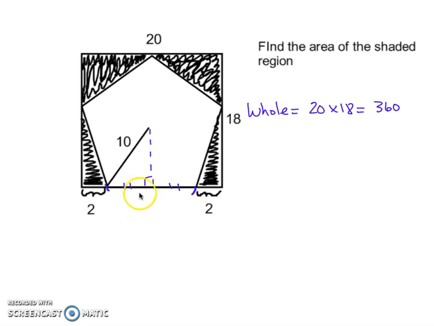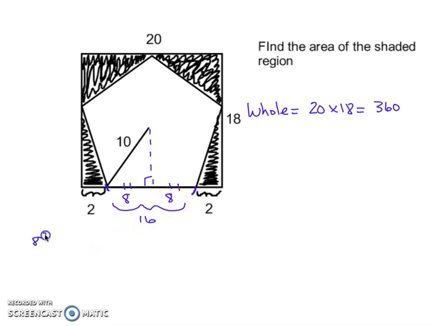So I'm going to need to do Pythagorean theorem to figure out the length of my apothem. So from here at the top is 20, and if this is 2 and this is 2, that means this segment that's left over is 20 minus 4, which would leave us with 16. So that means the length of all the sides in the regular polygon are 16, which means half of 16 is 8 and 8. So I'm going to do Pythagorean theorem.